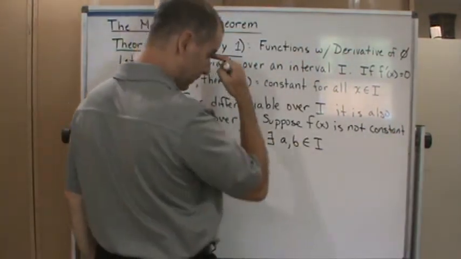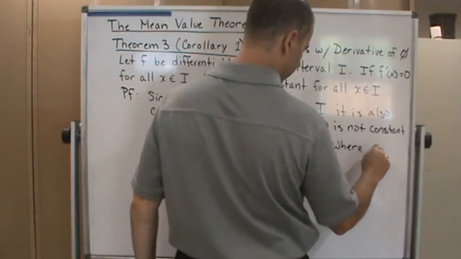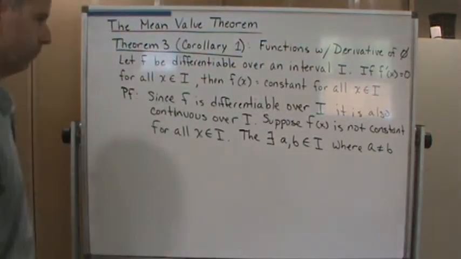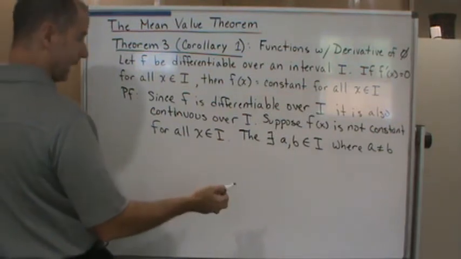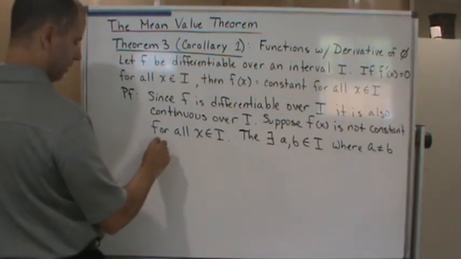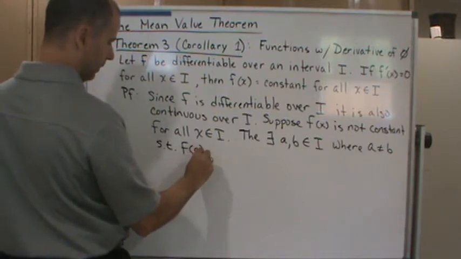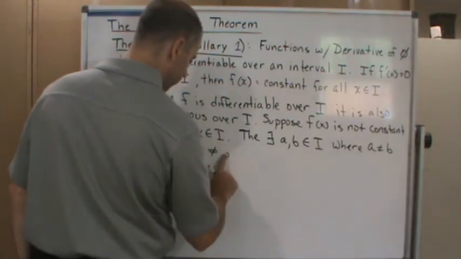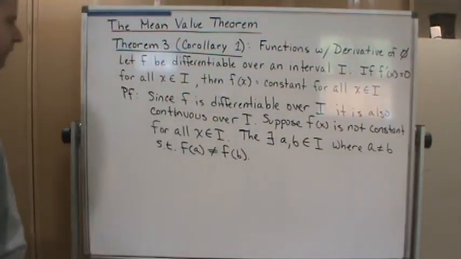So there exists A and B in I where A is not equal to B, such that f of A is not equal to f of B. Okay, there we go.